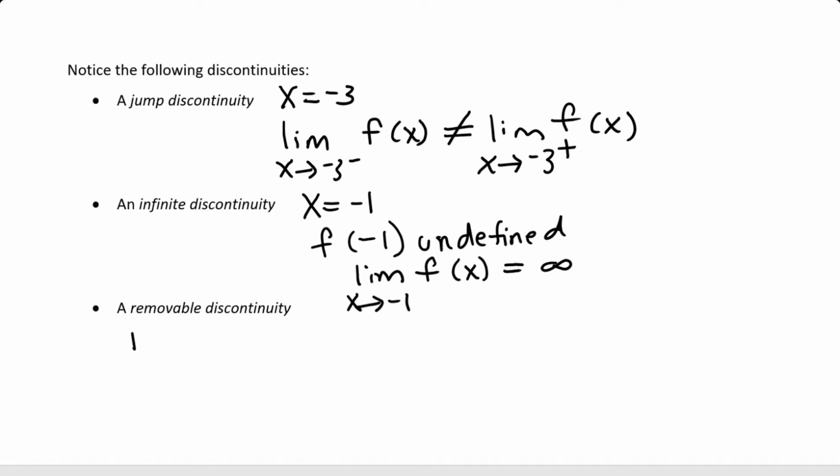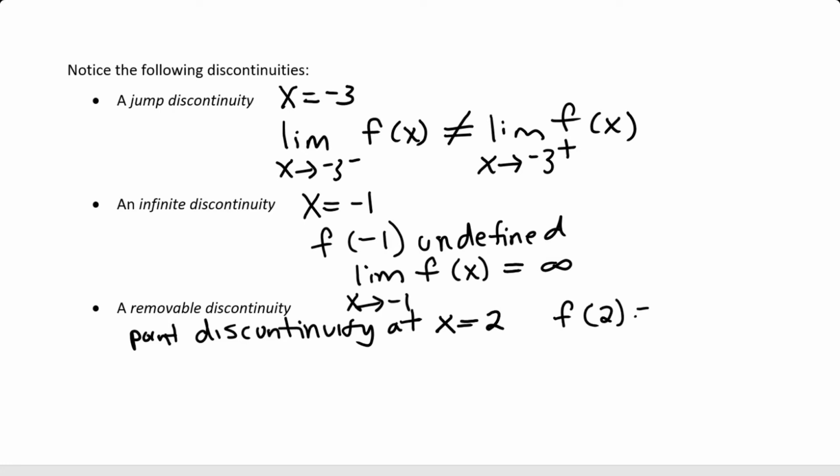This is often called a point discontinuity as well, and we have a point or removable discontinuity at x equals 2. This typically happens when you get a function value, so the function evaluated at 2 is -1, and you actually have a defined limit. So we have the limit as x approaches 2 of f of x equals -0.5.